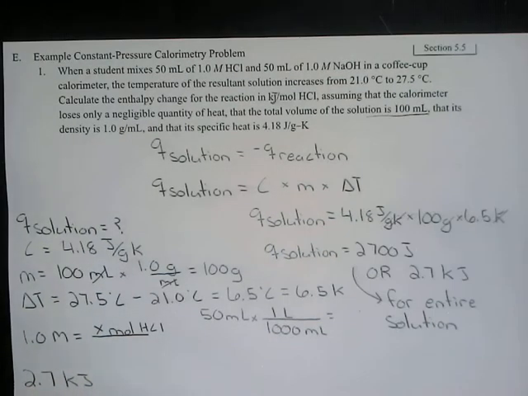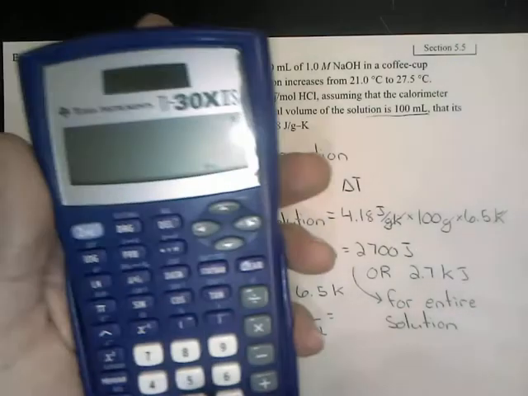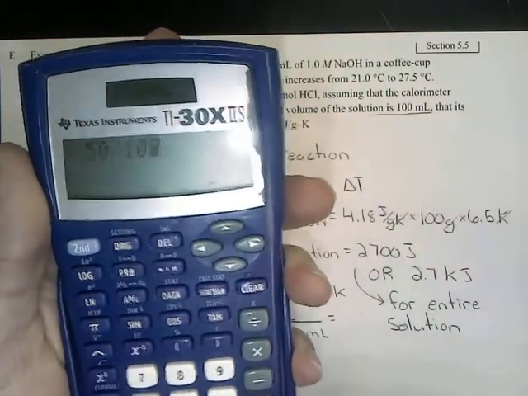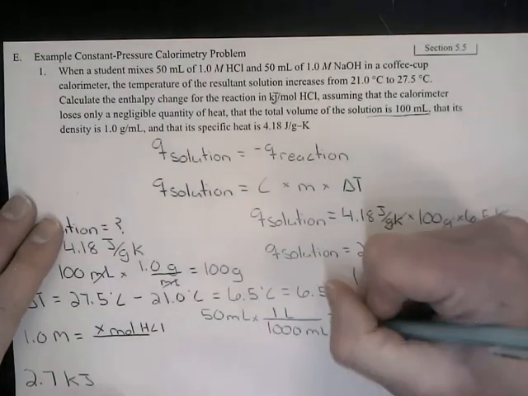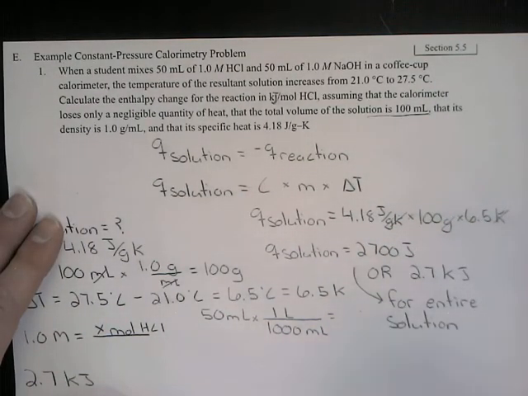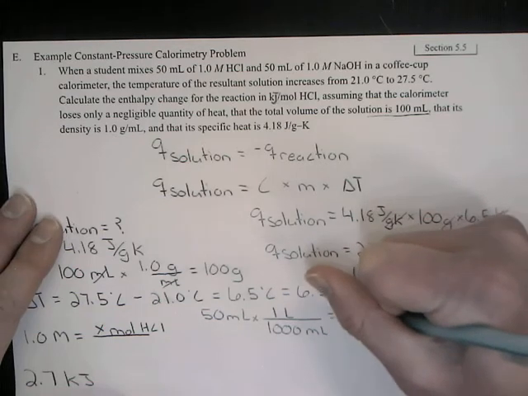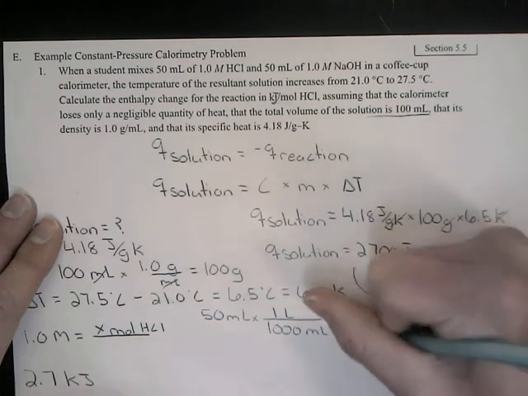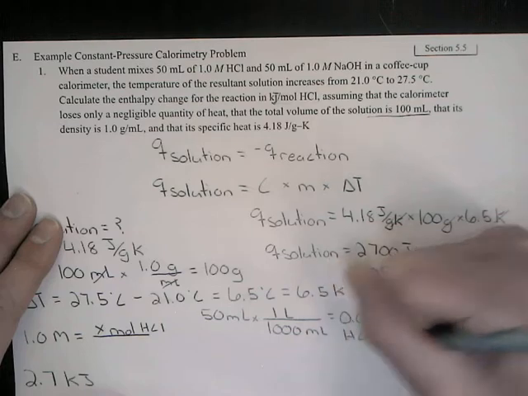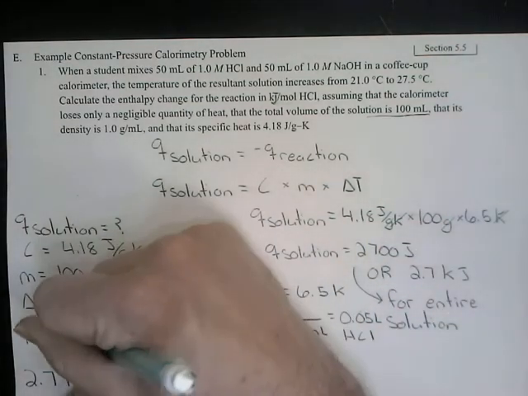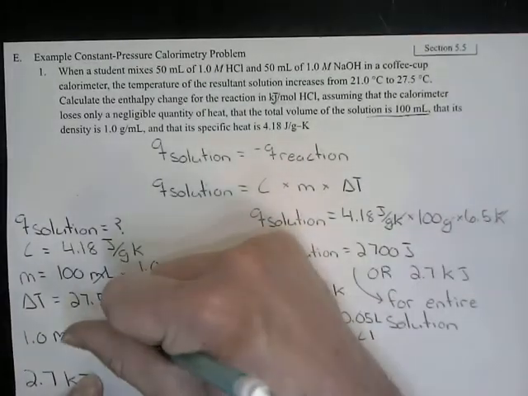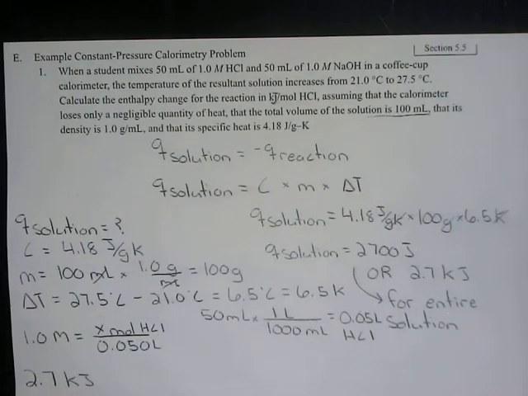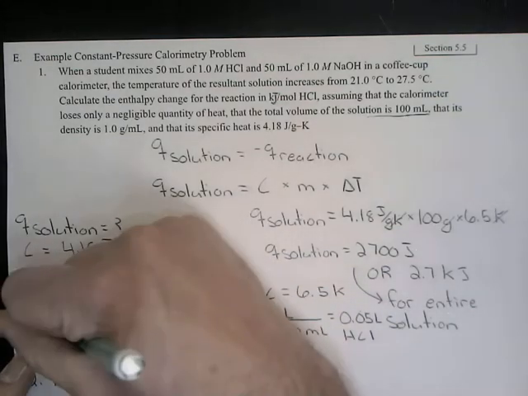If I do that here, 50 divided by 1,000, we get a value of 0.050 liters of HCl. Okay? So that is our value here.